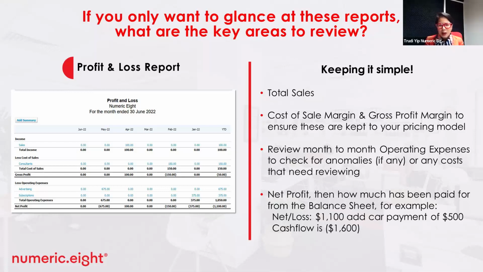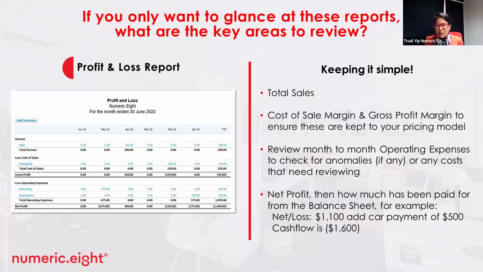Then look at cost of sales margin and your gross profit margin to ensure that you're keeping your pricing model. As I mentioned, everything in cost of sales is basically based on your pricing model. So for instance, if your revenue on a product is $100, and your product costs you $50, you want to maintain that gross profit margin, and that is key.